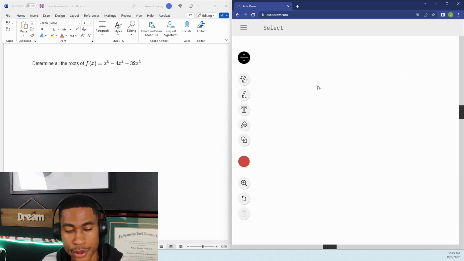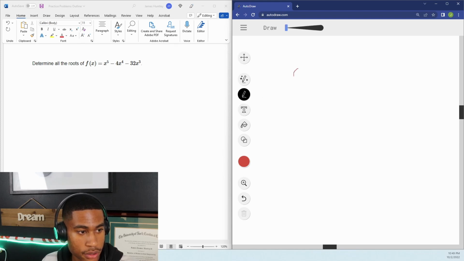All right, so how do we find roots? Well, we need to find where your y value equals 0. But specifically, if we can break the function up, let's just say, for example, x minus 5.